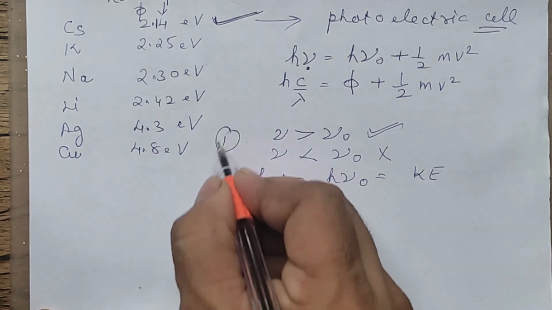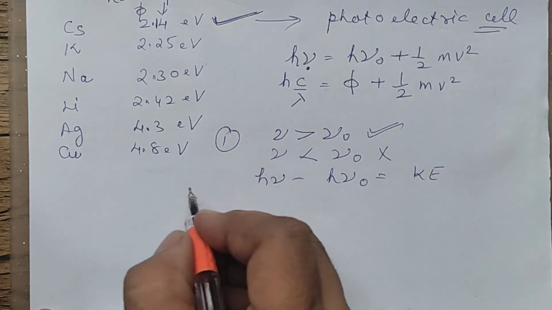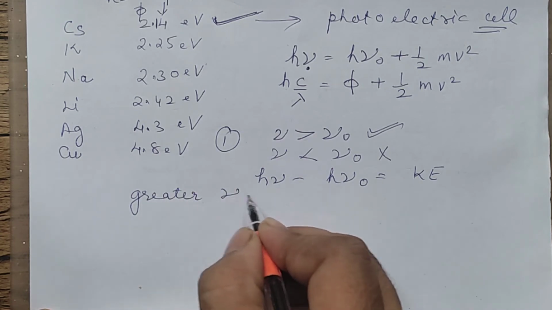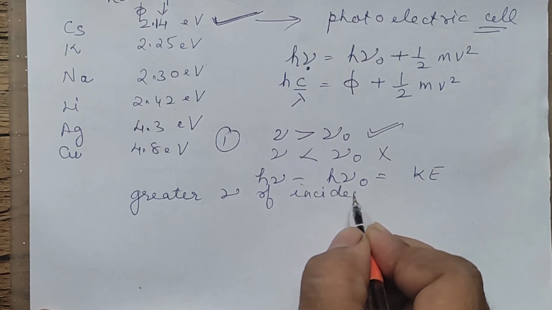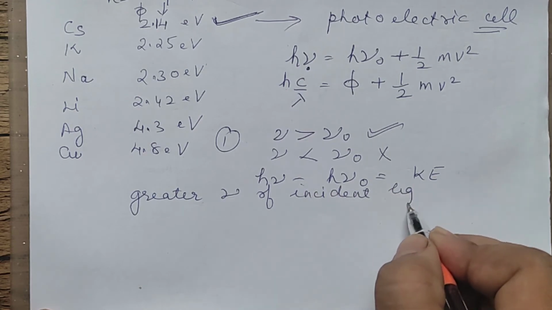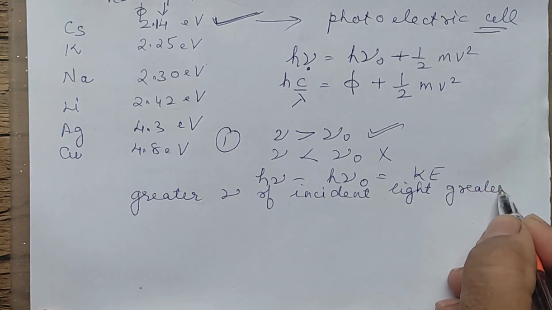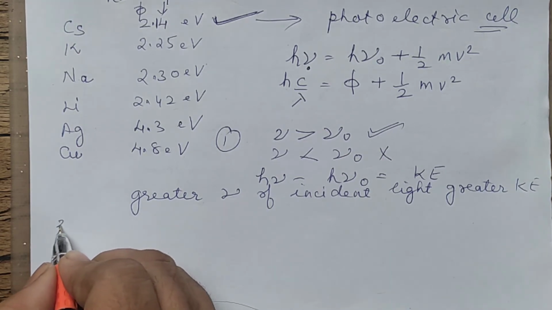So this is the first conclusion: the greater the frequency of the incident light, the greater the kinetic energy.